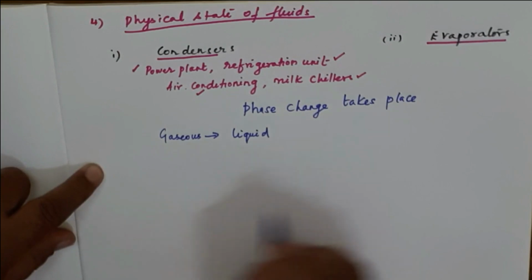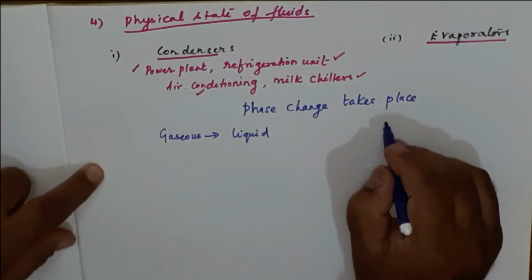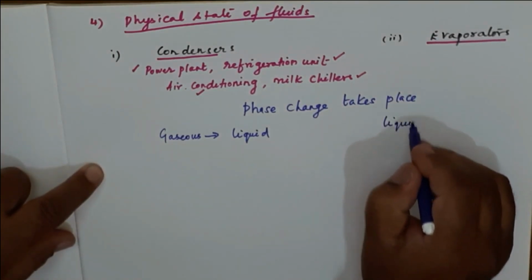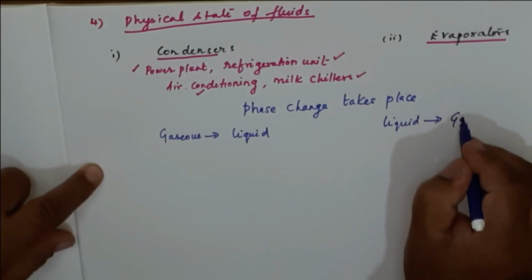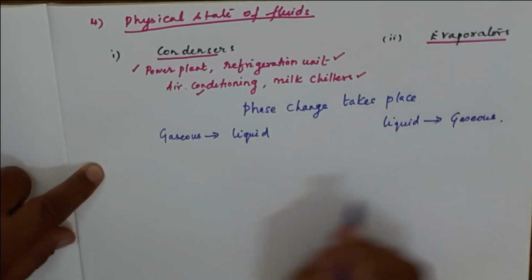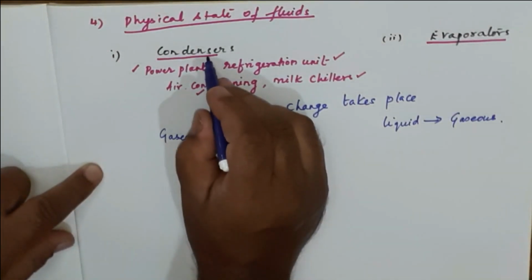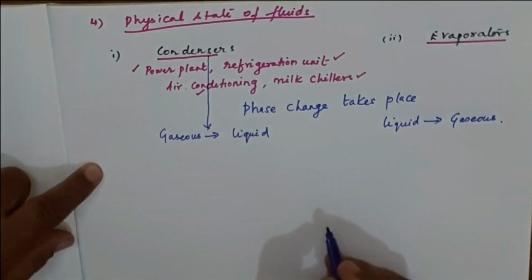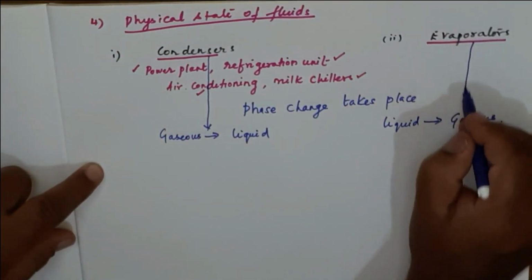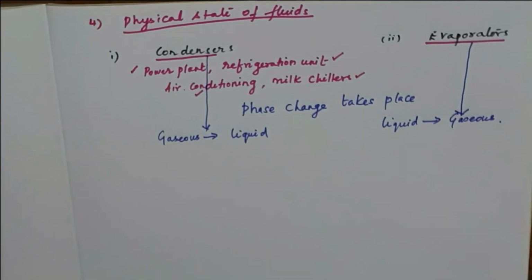And in an evaporator, you have a liquid fluid that is converted into a gaseous fluid. So this is the difference. In a condenser, a gaseous fluid is converted to liquid fluid; here, a liquid fluid is converted to gaseous fluid.